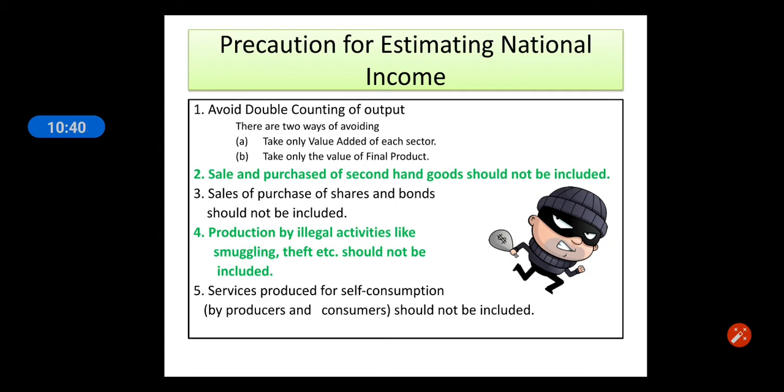Number two, sales and purchase of second-hand goods should not be included, because their value had already been included in the national income of the year in which they were produced.